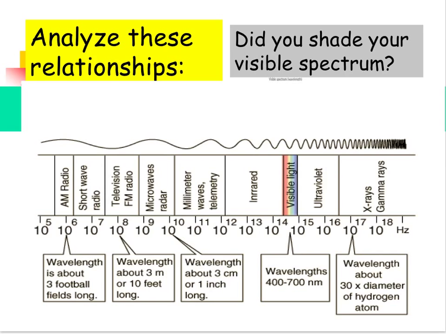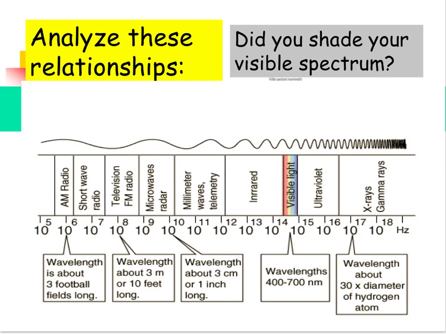So go down to the bottom half of your page where you should see a picture that looks very similar to this. This is called the electromagnetic spectrum. It's a spectrum or an array or a visual representation of all the different types of waves that are flying around through the air out there.